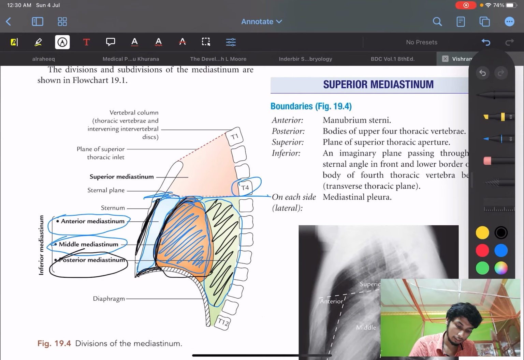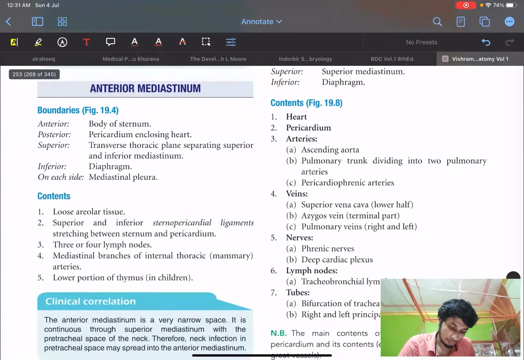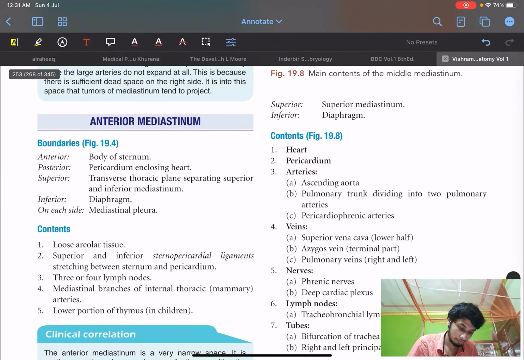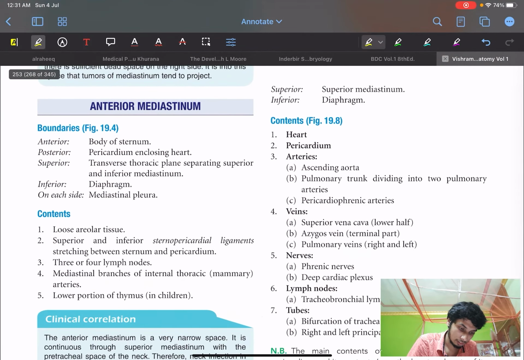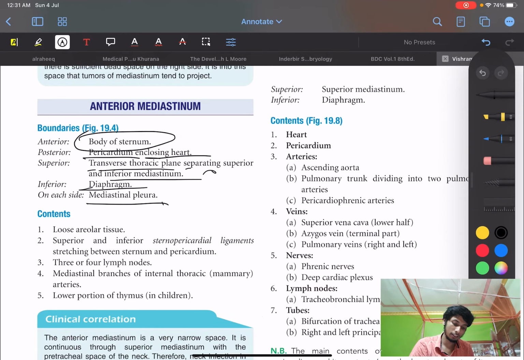So those are the boundaries. Let's discuss the structures of the anterior mediastinum. These are already discussed: body of sternum anteriorly, pericardium enclosing the heart posteriorly, superiorly the transverse thoracic plane, and inferiorly the diaphragm, on its side the mediastinal pleura.